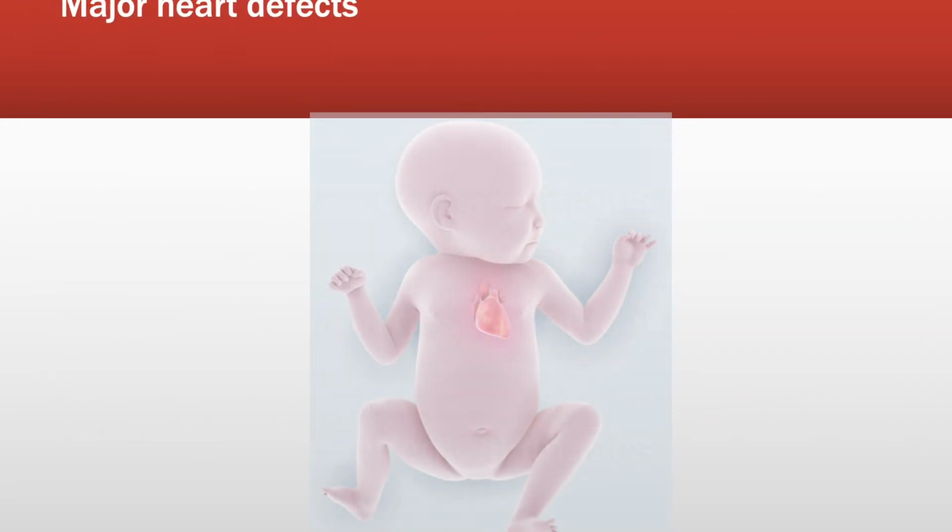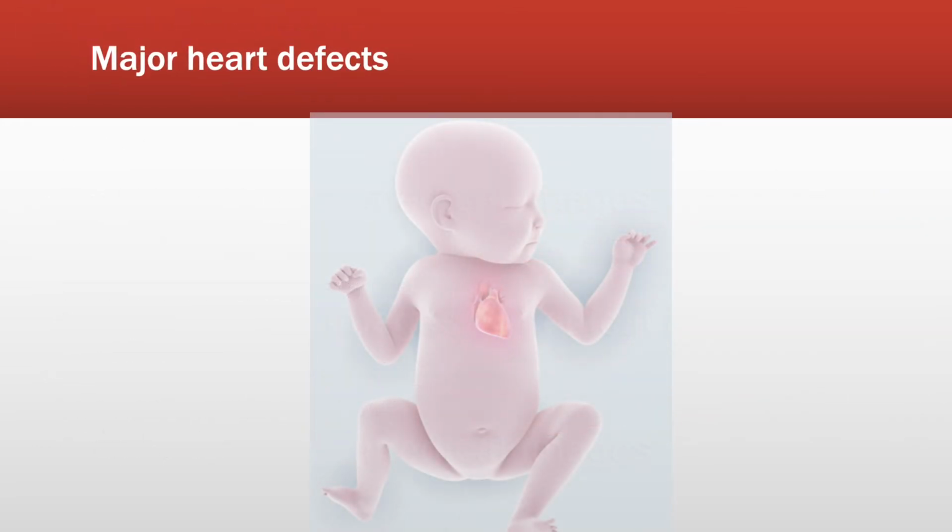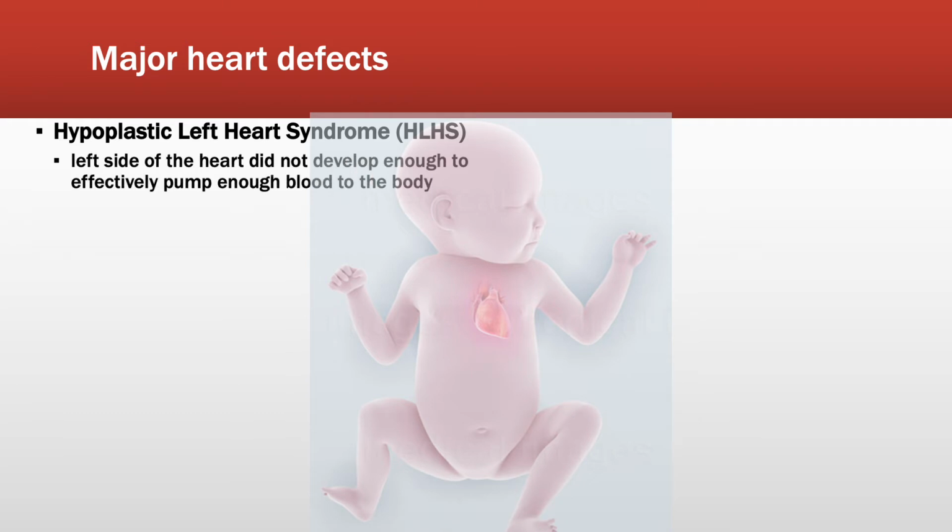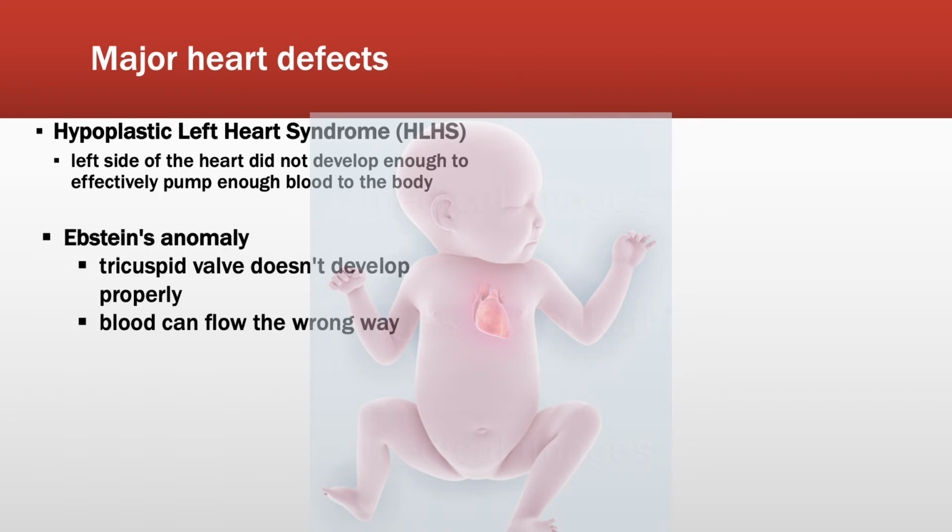There are more than 20 major heart deficits, and we'll discuss the main ones here. To begin with, hypoplastic left heart syndrome, known as HLHS, is a condition in which the left side of the heart did not develop enough to effectively pump enough blood to the body.